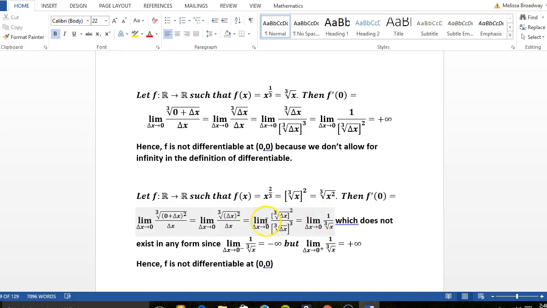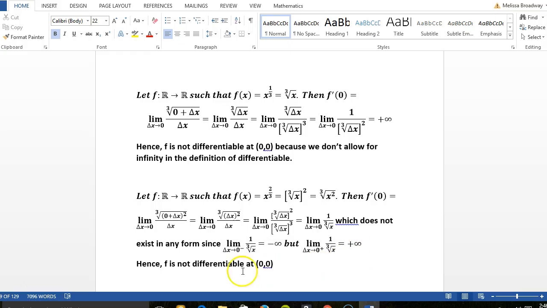I kind of do it a little bit differently, so I just write it as x here and here, and it's going to give you the same thing. But the limit as x goes to 0 of 1 over the cube root of x goes to positive infinity from one side, namely the right side, and negative infinity from the left side, so it doesn't even exist in the direction sense, because of this right here, like I was talking about a second ago.